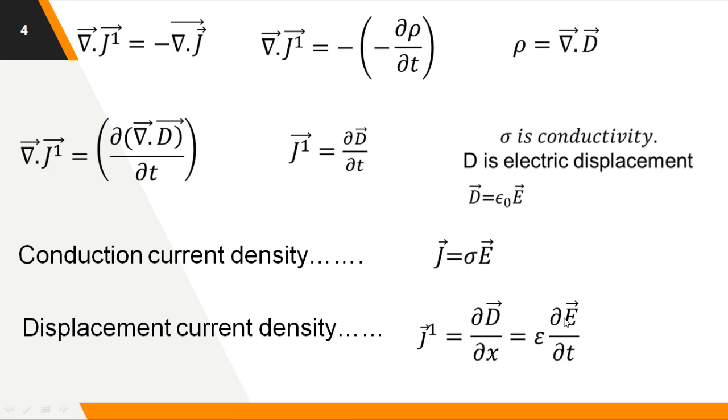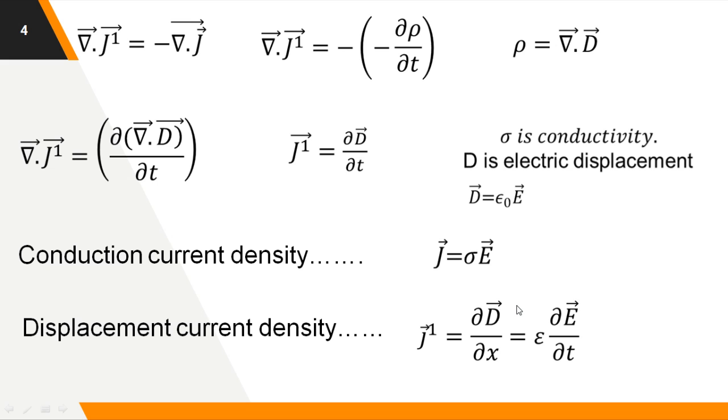Whenever the electric field varies in a region, then a current is established. That's called the displacement current, and the corresponding density is called the displacement current density. This is the new term or a correction factor introduced by Maxwell to overcome the discrepancy in the violation of the conservation equation of continuity. So this idea was not there.